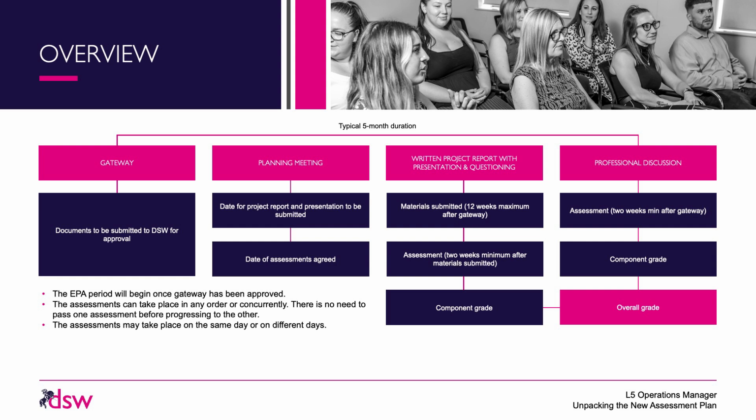The assessment methods themselves then, the written project report with presentation and questioning. Once the apprentice has come through Gateway, they have a maximum of 12 weeks to develop their written project report and their presentation materials. They are then submitted at the end of this 12-week period.